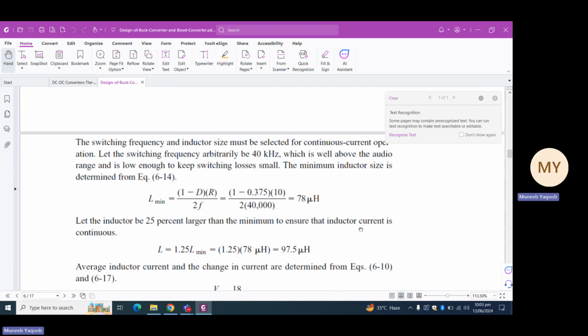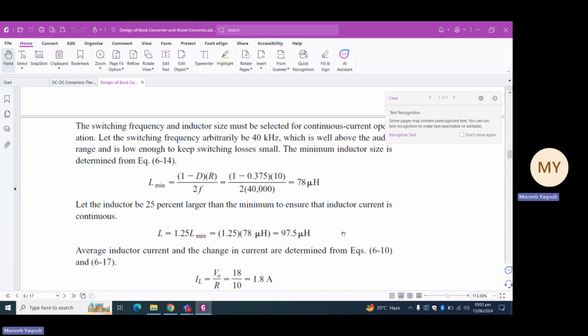So it is not mandatory to take 25% every time. You can even take 20% as well. Hence we concluded that our inductance should be 97.5 microhenry or more. Now for the inductor current or the load current, we know that it is the output voltage divided by the load resistance.